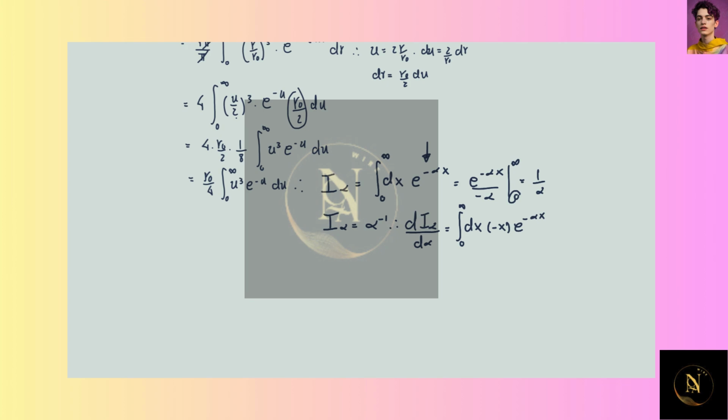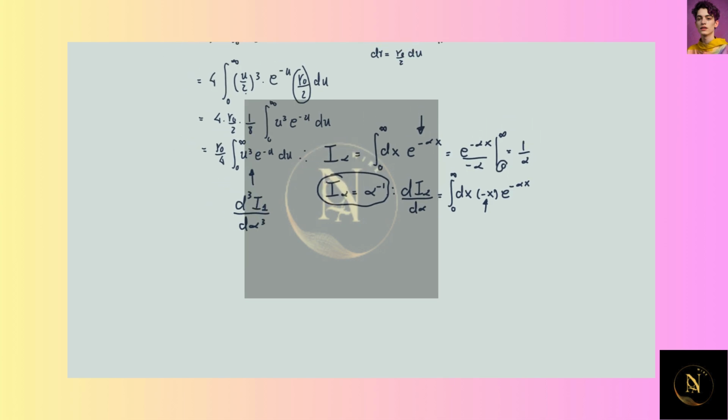So, note the following. Taking the derivative of I alpha results in an extra term of minus x here. So, our integral is just the third derivative of I1. Then all we have to do is derive this result 3 times and substitute in our previous situation.